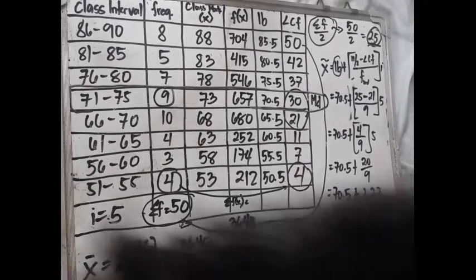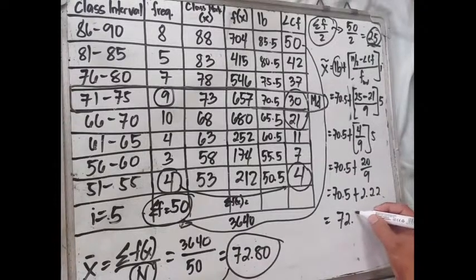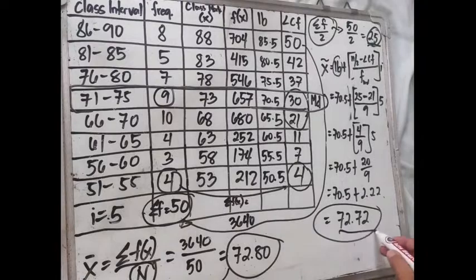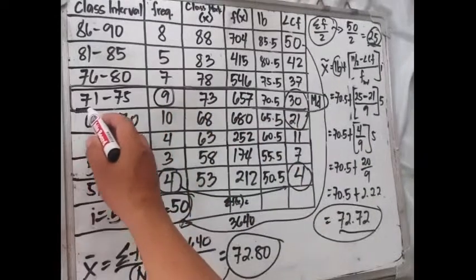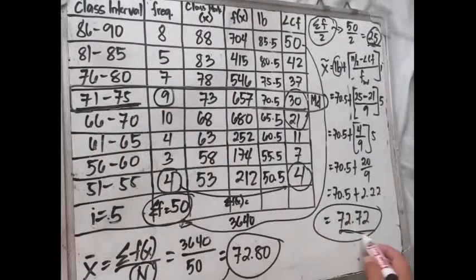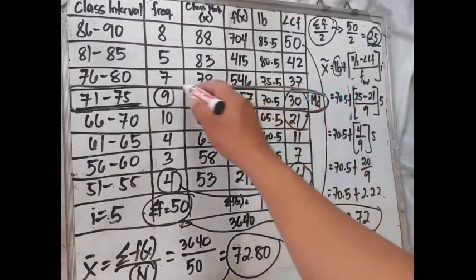So what is your answer? That is 72.72, and that is the value of the median. So 72.72 lies between 71 to 75. Dito pa rin natin makita yung median dito sa median class.